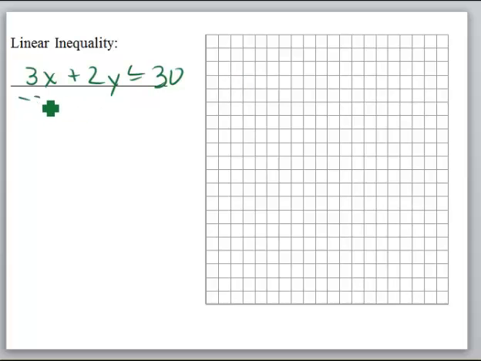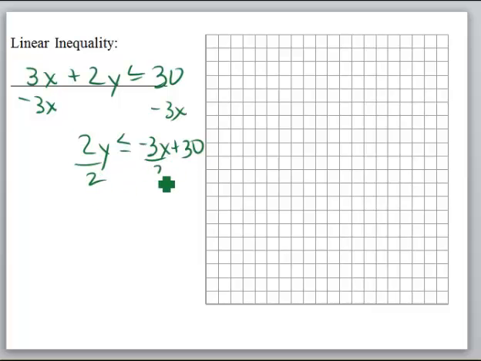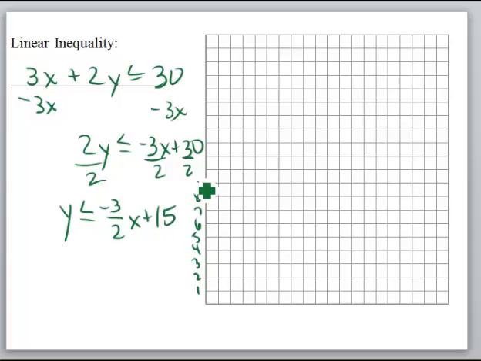So I have a negative 3x. I will get 2y is less than or equal to negative 3x plus 30. Divide by 2 on both sides. I get y is less than or equal to negative 3/2 x plus 15. I'm going to plot 15, but I've got to have my graph made. So I'm just going to count by ones here. And 15 happens to be right here.